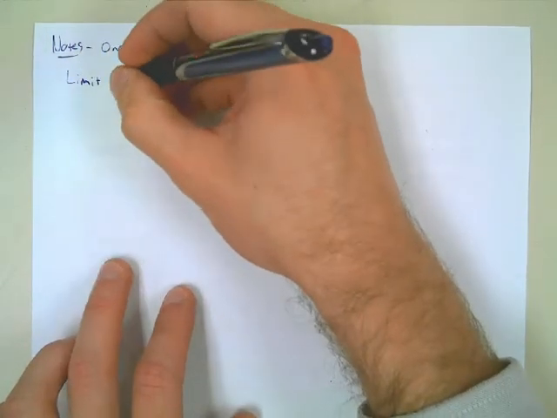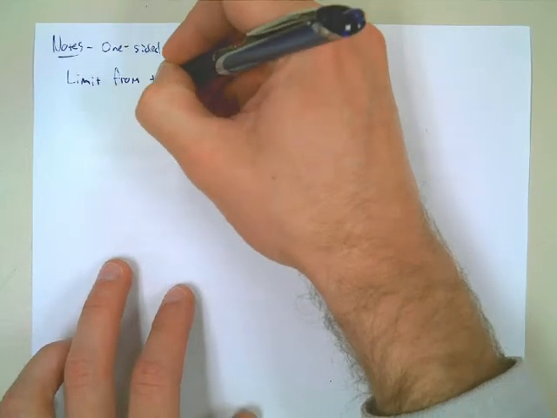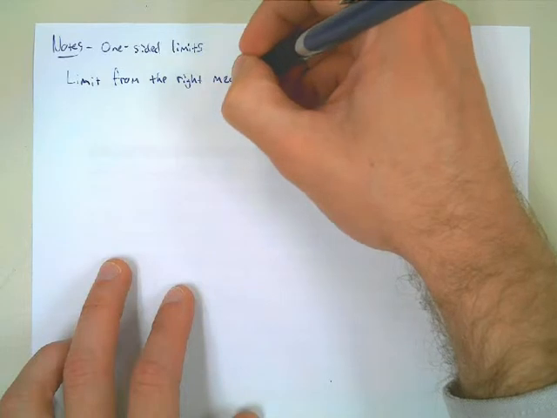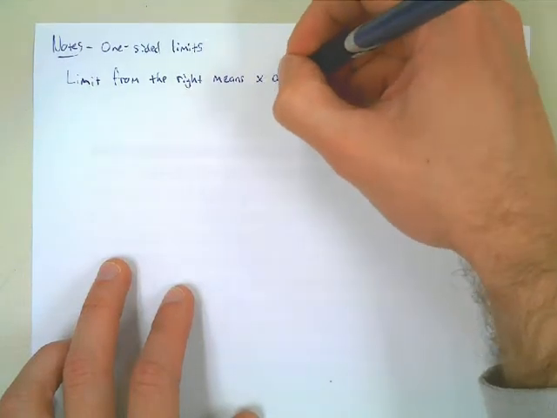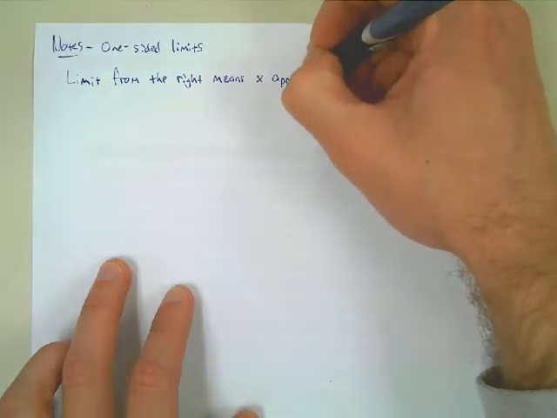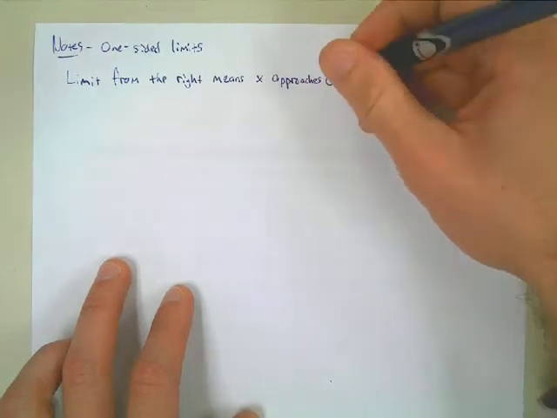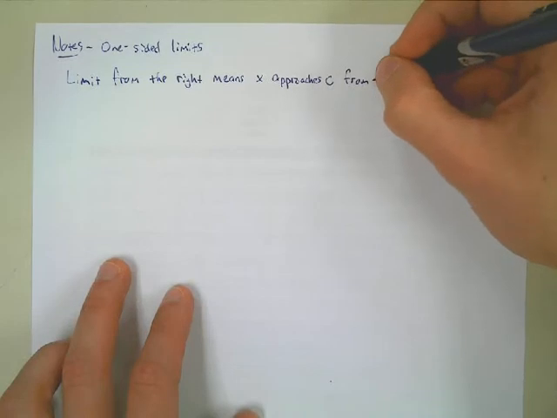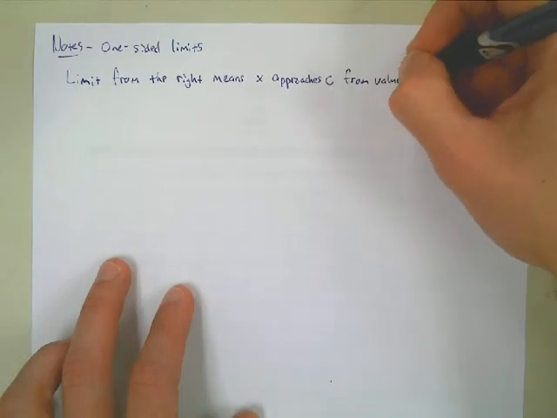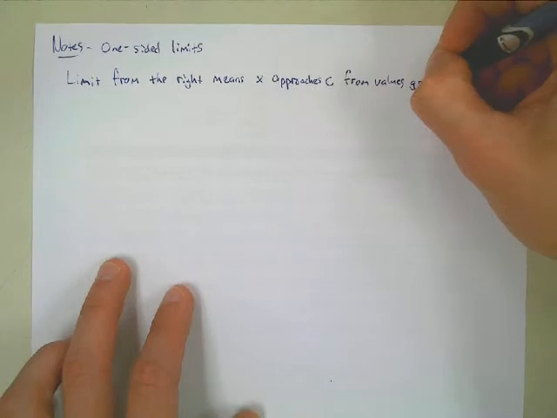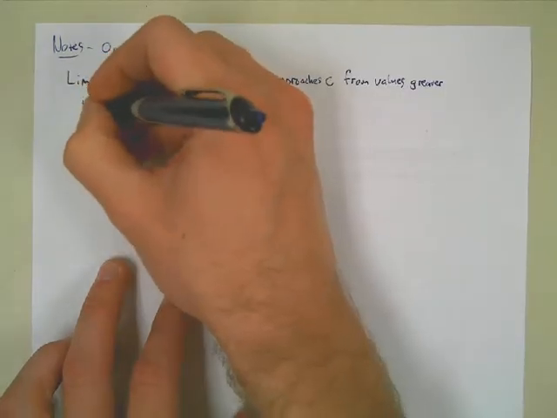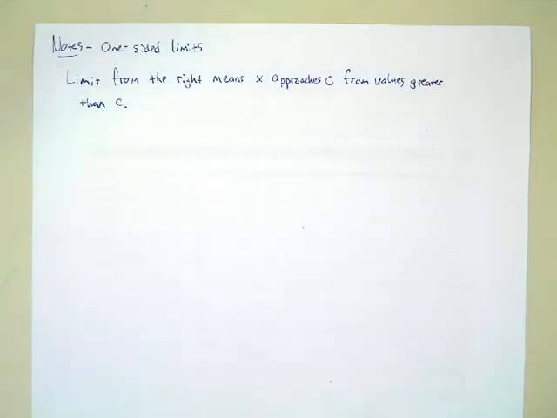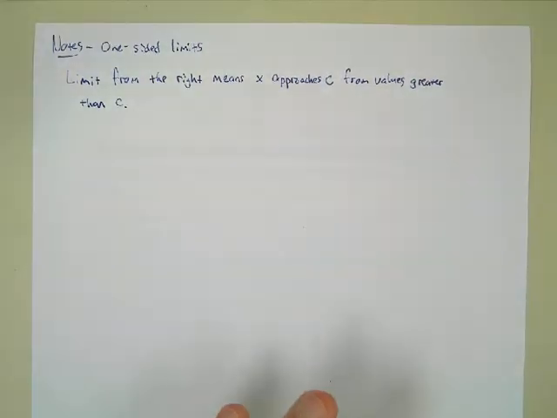The limit from the right means x approaches c from values greater than c only.